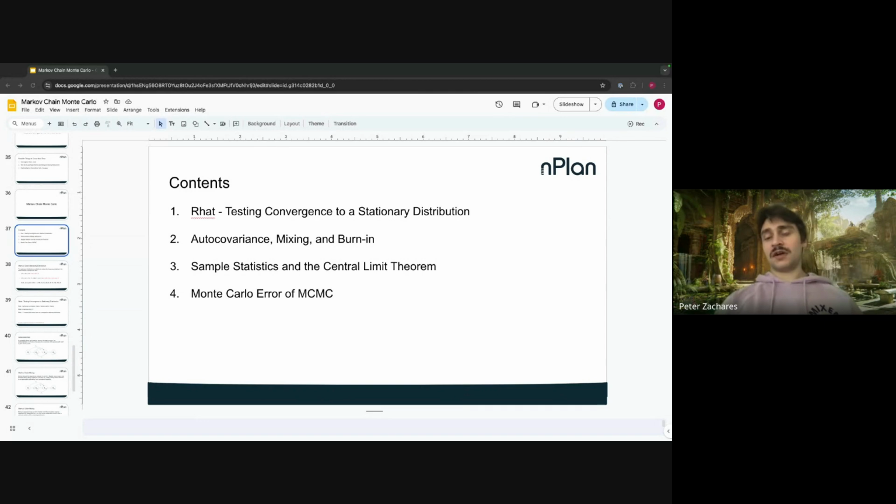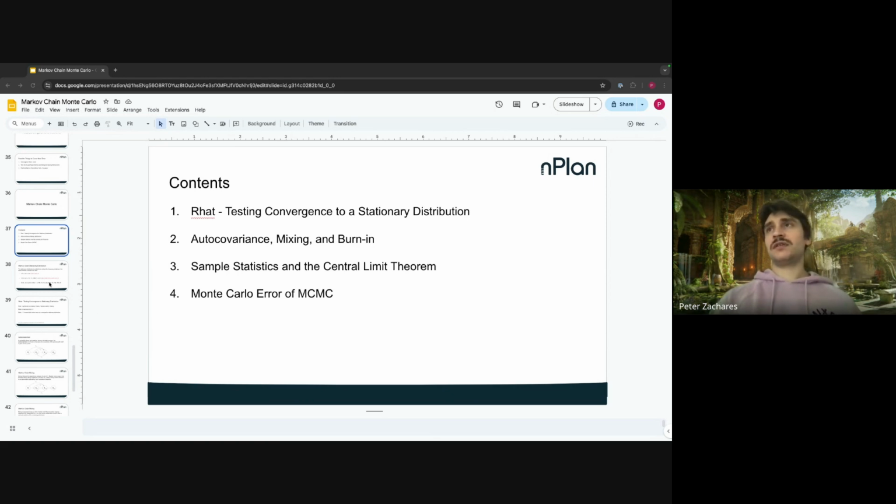This converges to the distribution you're trying to estimate, because the Markov chain is formulated in a way where its stationary distribution is the distribution of interest.